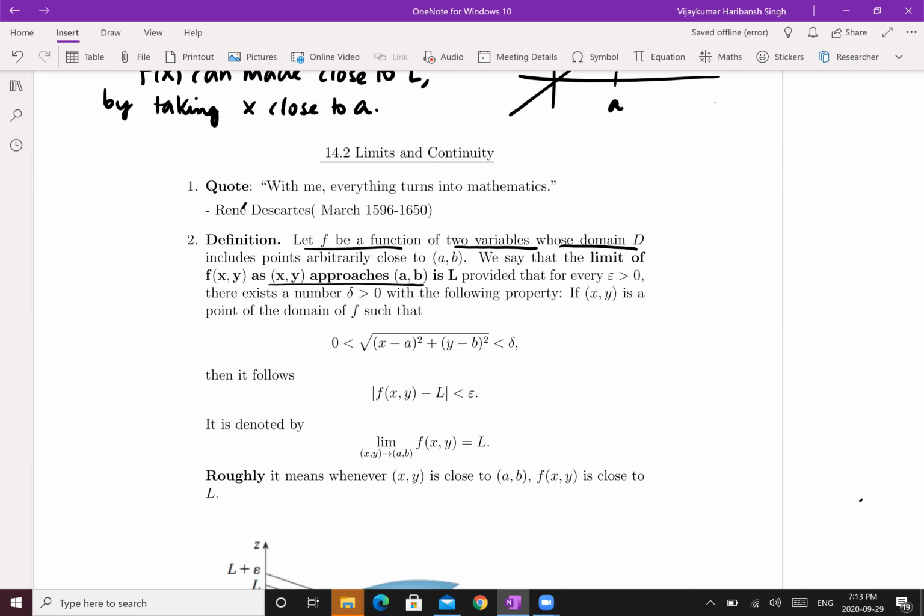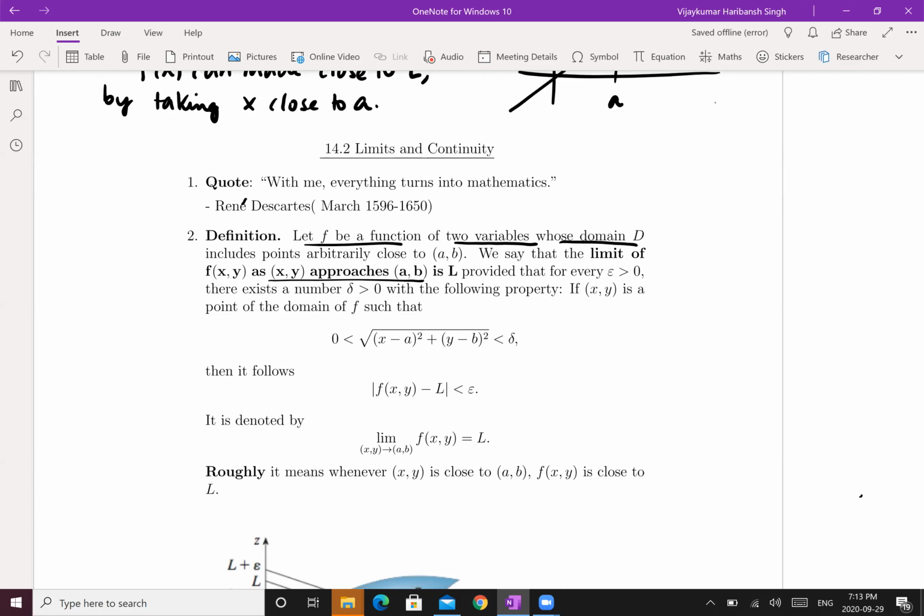So how do we make sense of this? This means that if the distance of (x, y) and (a, b) is less than delta, then the distance of f of x, y and L, because f of x, y is a real number, is less than epsilon.